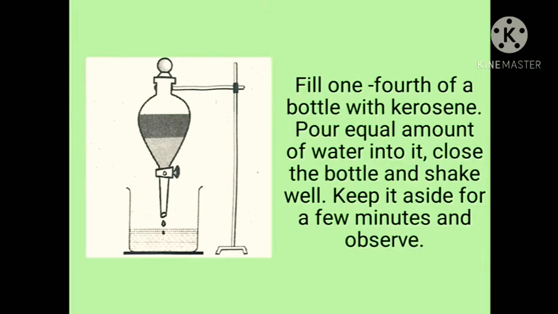So what would be the method? Can you suggest anything? It would be easy by opening the tap. The tap is here. This is the tap. By opening it, the water would flow into this jar, and after the water finishes, let's close it. So the water would be in this jar and the kerosene would be in this jar.